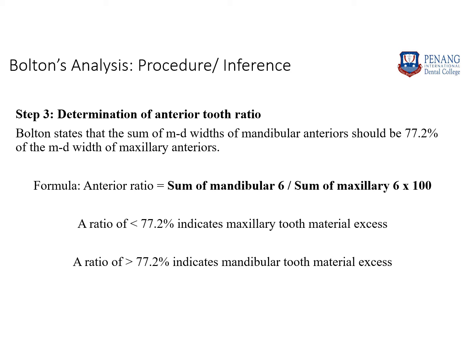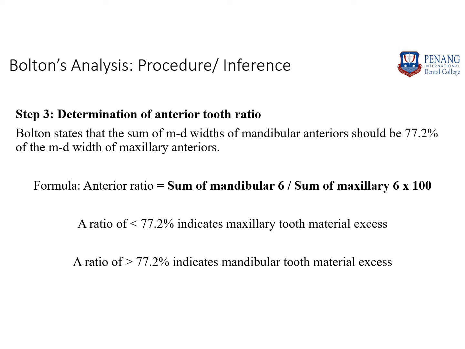Step 3 of Bolton's analysis will involve the determination of the anterior tooth ratio. So you found out the overall tooth ratio. Now here you're going to find out the anterior tooth ratio. So what is the formula used? Sum of mandibular 6 divided by sum of maxillary 6, times 100.